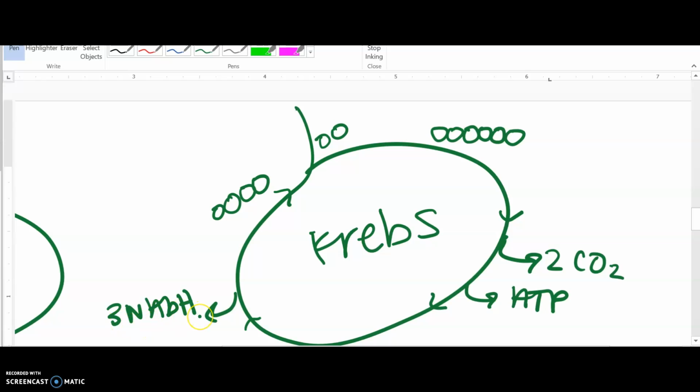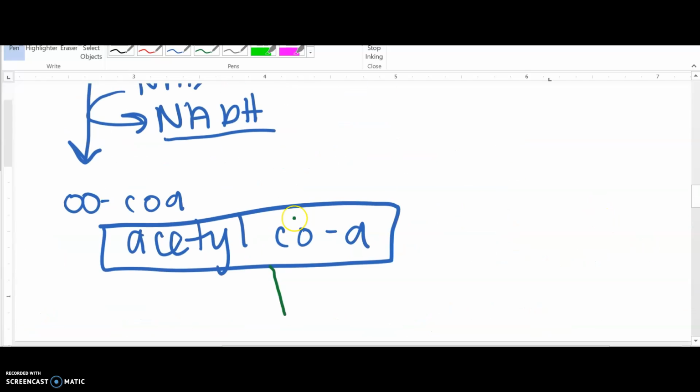So 3 of them are reduced to make 3 NADHs in the Krebs cycle, and we have a new molecule coming in also, called FADH2. This is produced when FAD is reduced. So this happens per turn. So I get 2 carbon dioxides per turn, so 2 carbon dioxides per pyruvate.